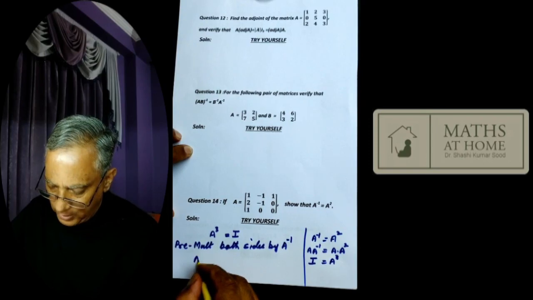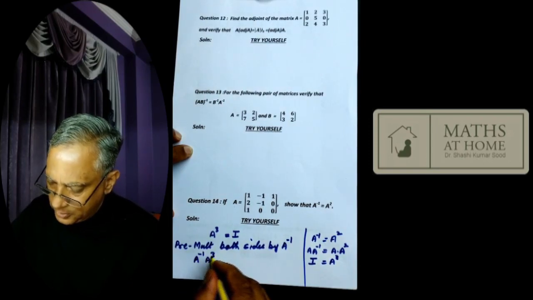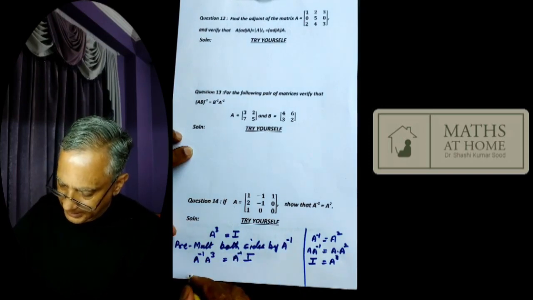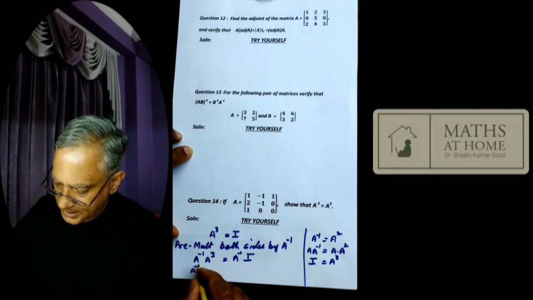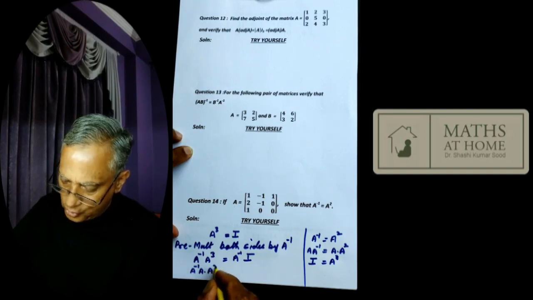So A inverse into A cube is equal to A inverse into I, and this can be written as A inverse, and A cube can be written as A into A square.